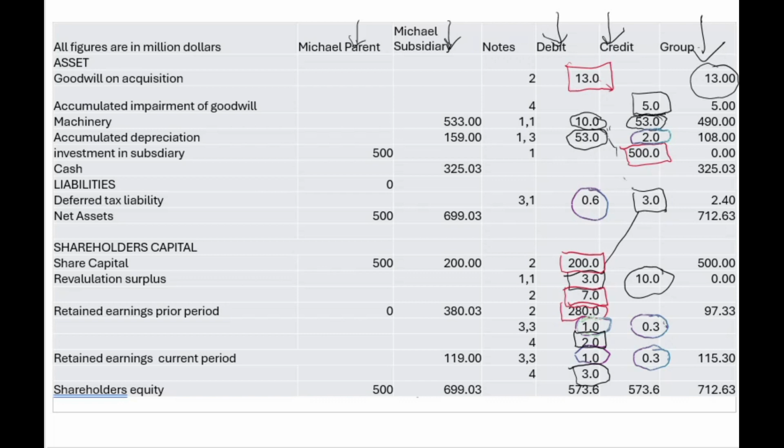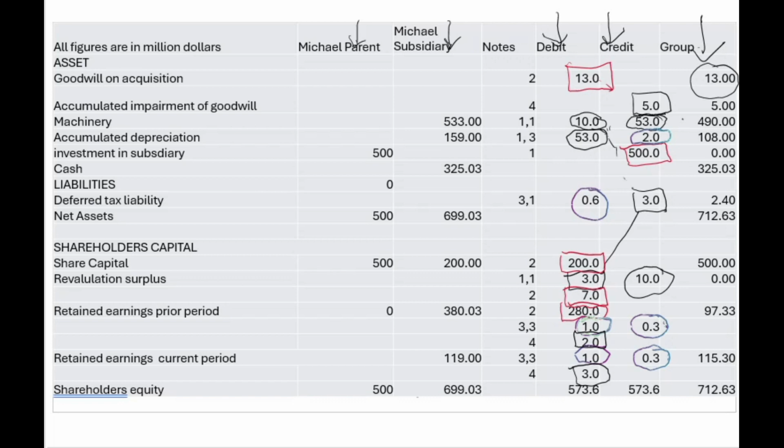And then we got the machinery. The revalued amount is 490 because we revalued the machinery, the carrying value, from 480 to 490, and then it has its accumulated depreciation for 3 years, and that is shown there.